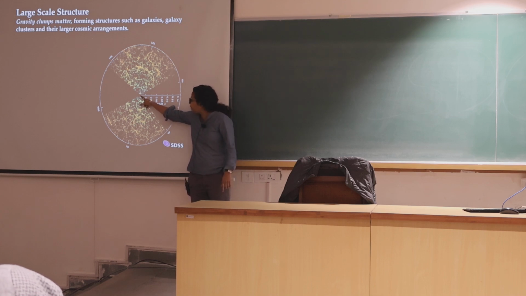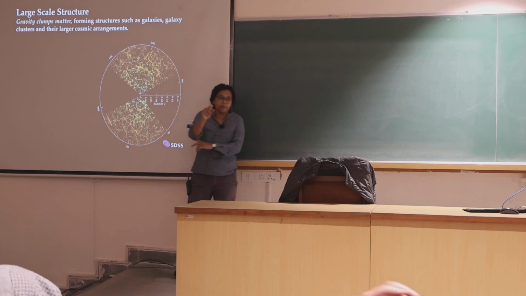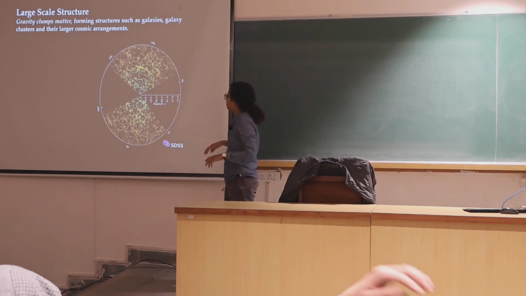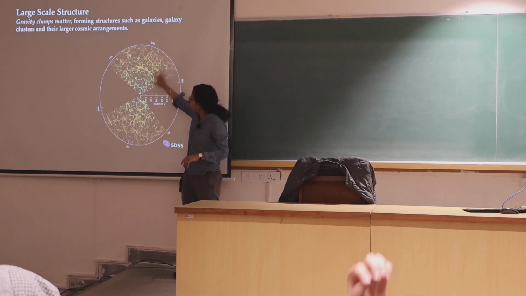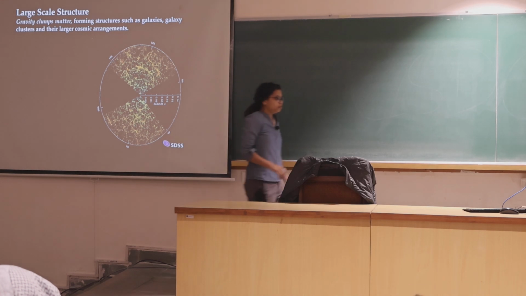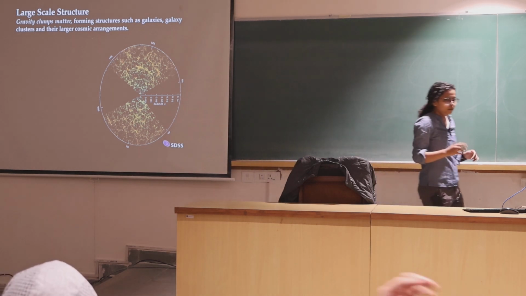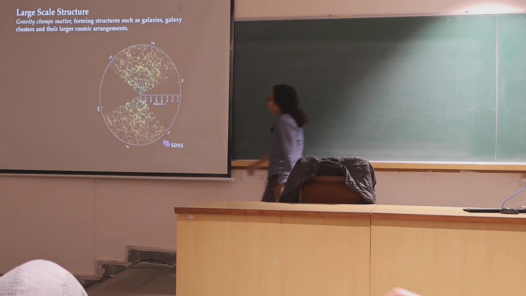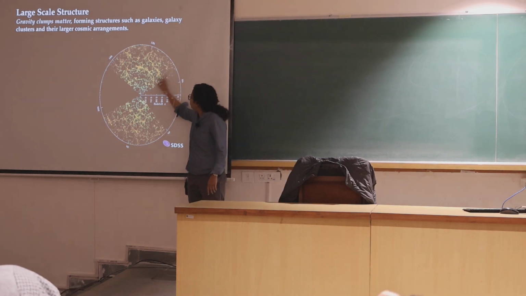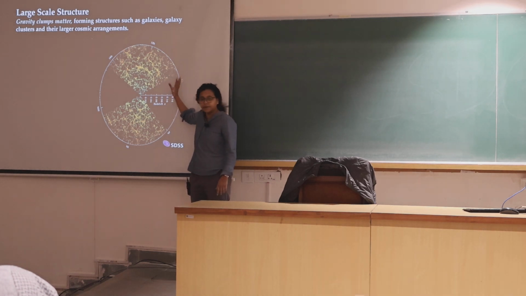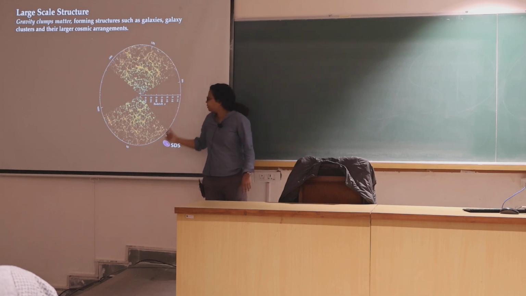There is the Milky Way, and in two patches around our location, people tried to map the distribution of galaxies around us. This is one side of the sky, this is the other side, and this is how they are distributed. This is called large scale structure, and the radius of this circle would be around 500 megaparsec. So this is the real structure on those huge scales.